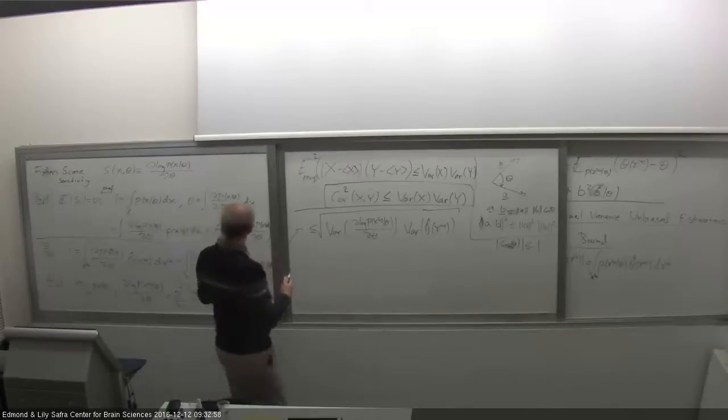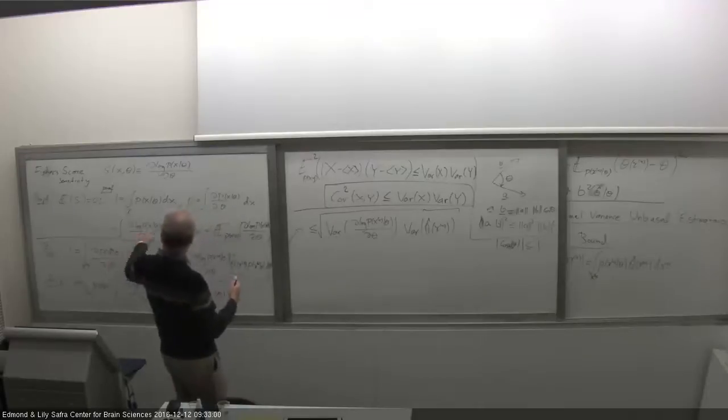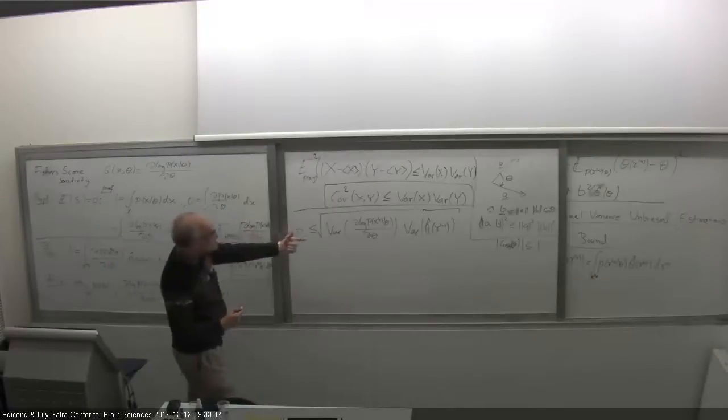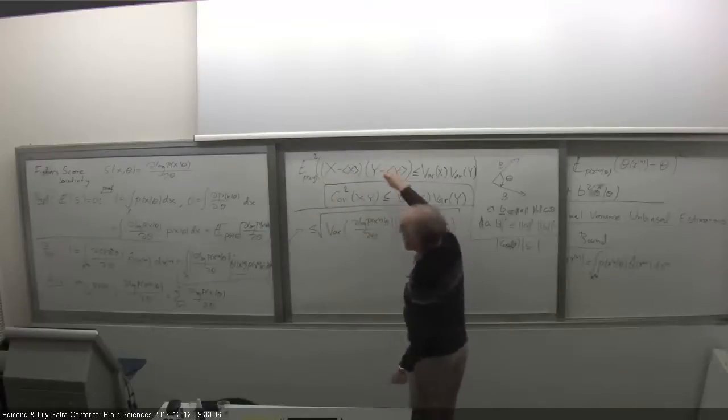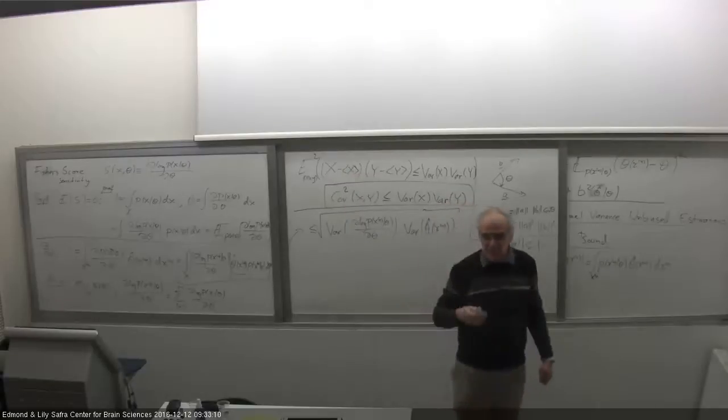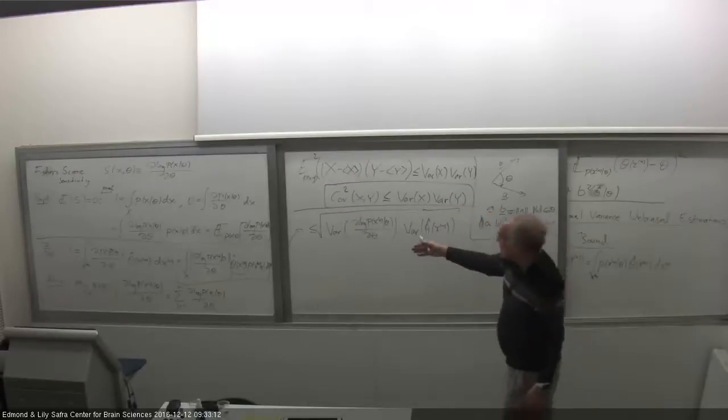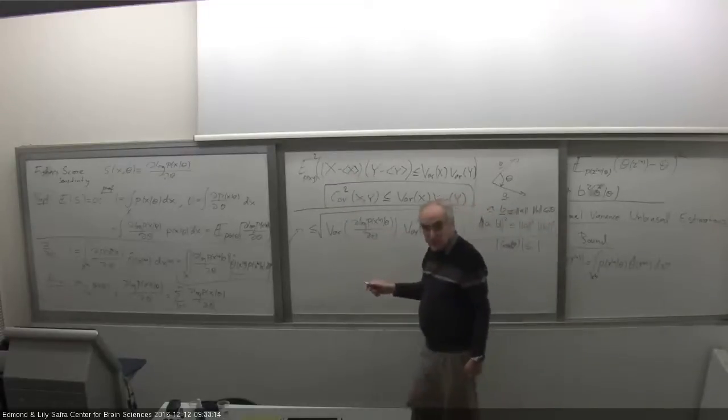Now notice that I just proved that the expectation of the score itself is 0. So if this is the score and this is the estimator, this is actually 0. You don't really need to worry about the variance.